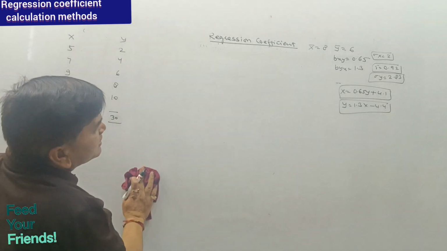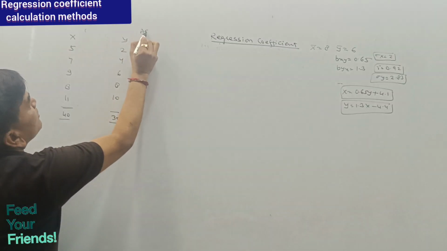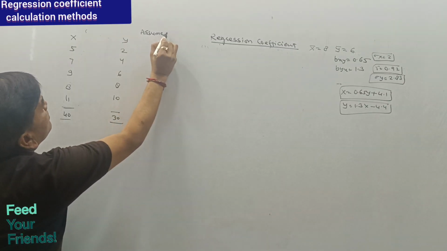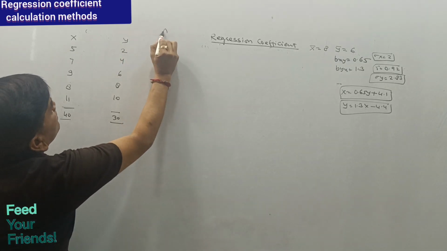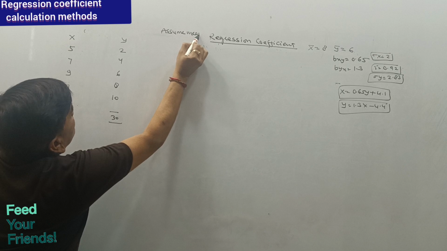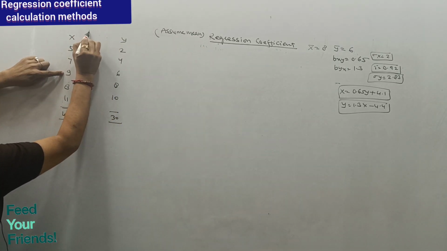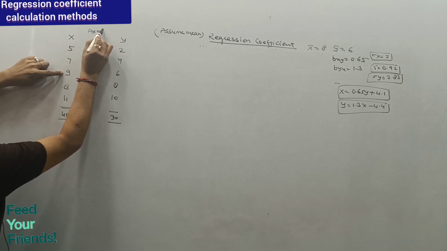For the same question we will apply the second method, the assumed mean method. Suppose the assumed mean of x is 9.